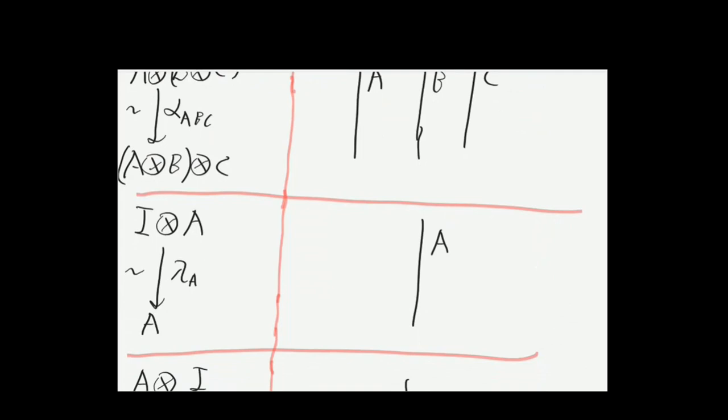In a similar way, we have these unitor things, these natural isomorphisms.